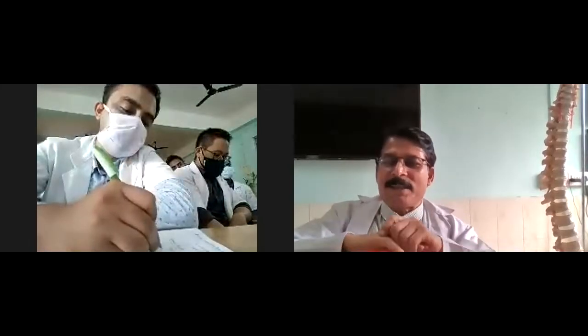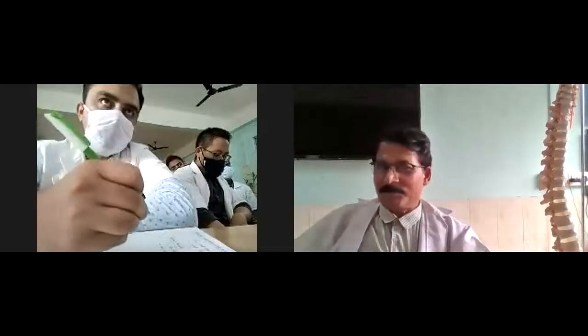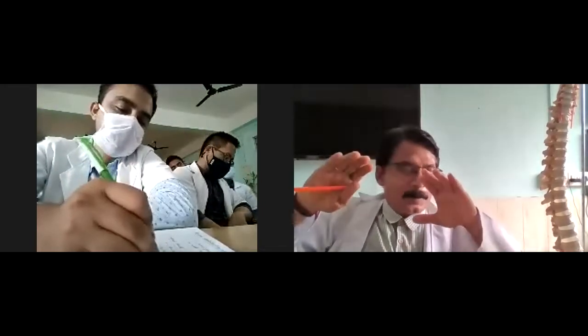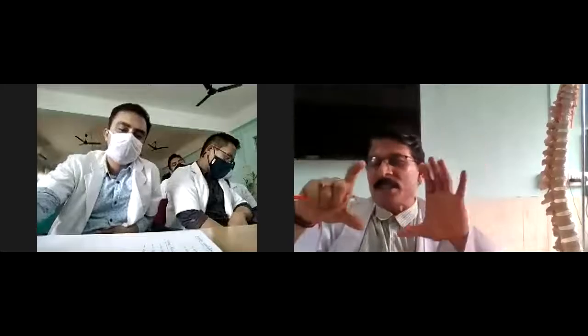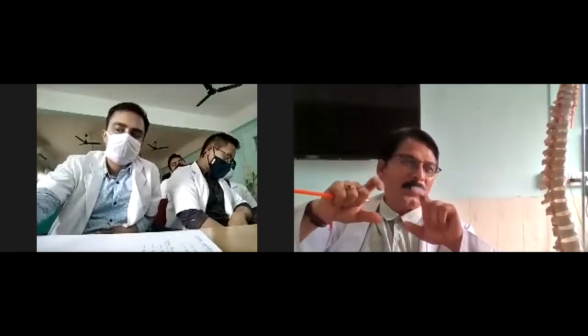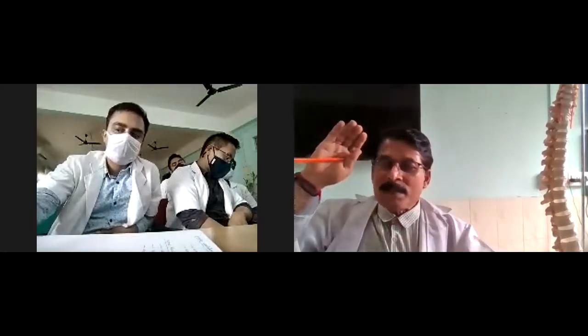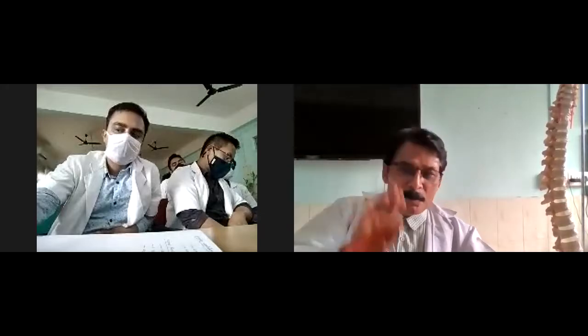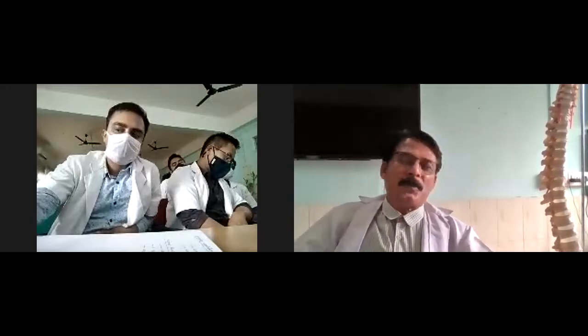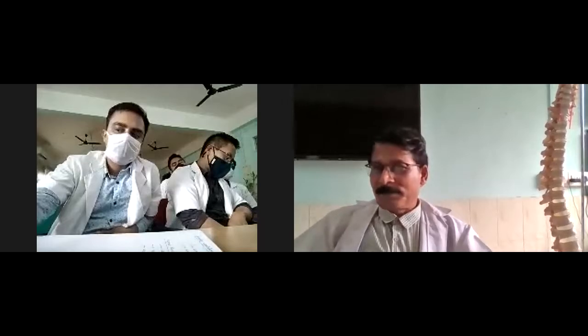This suspension lasts around 24 to 48 hours. So suspension of all the activities of the spinal cord following trauma, irrespective of actual injury to the spinal cord, is called spinal shock. Usually it lasts around 24 to 48 hours, sometimes longer.